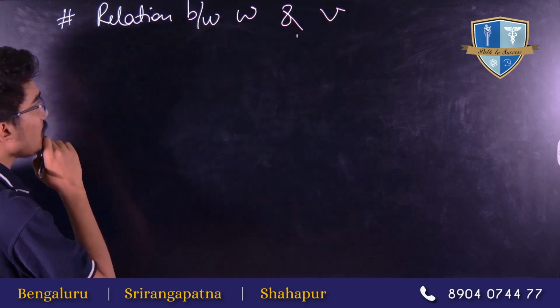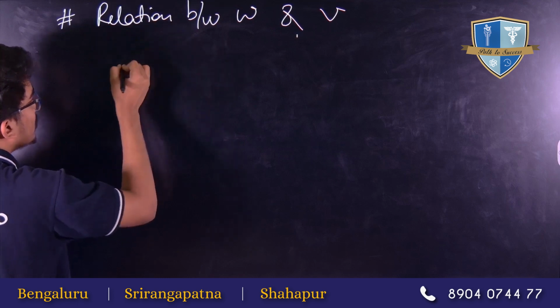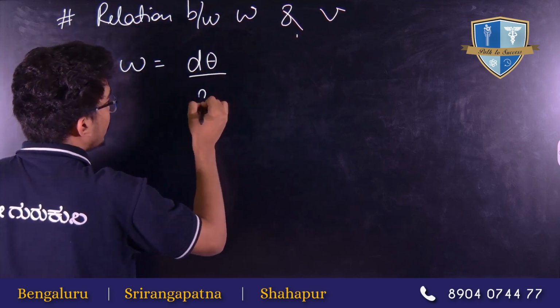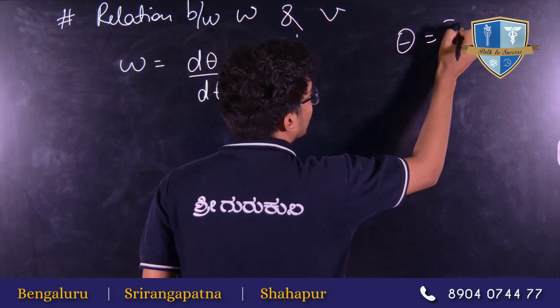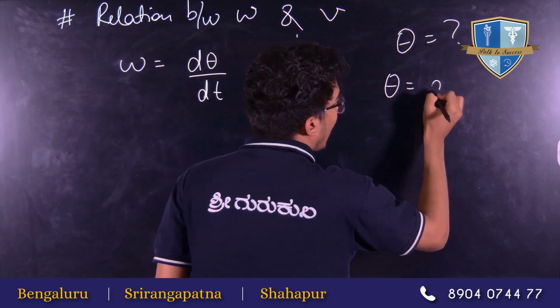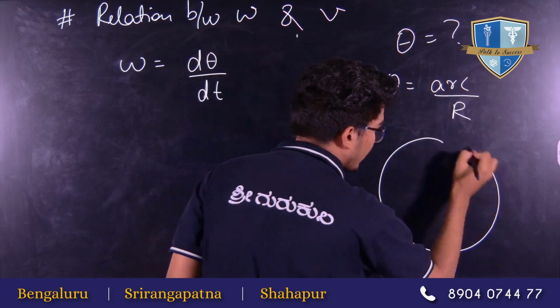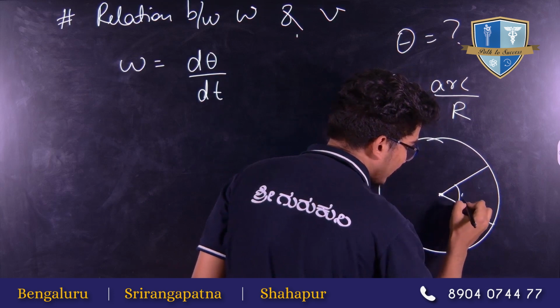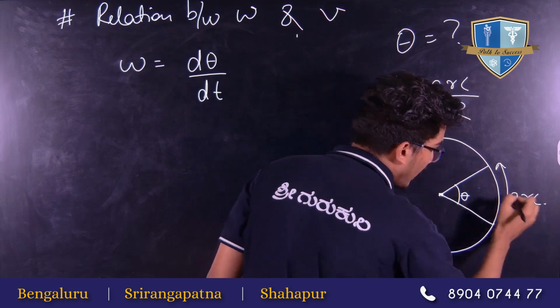Now how will we derive this? We know that angular velocity omega is actually d theta by dt. What is this theta? Theta is actually arc divided by radius. If this is a circle and this is the center and this is the angle theta, so this is our arc length and this is our radius r.